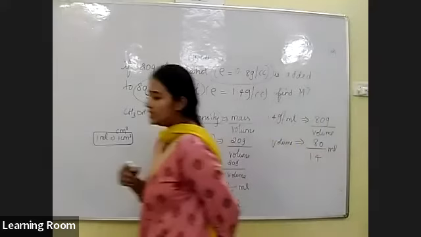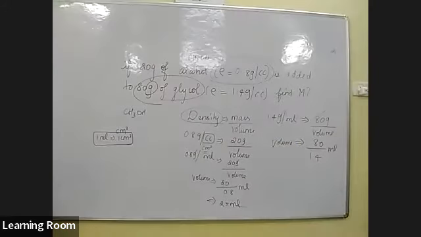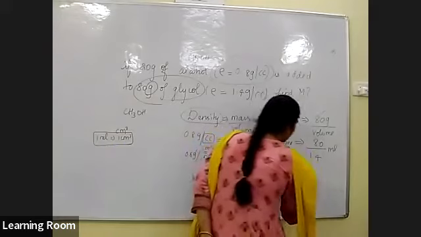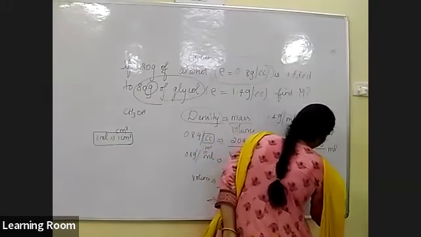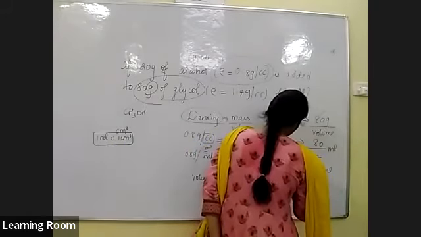What is the calculation for this? 80 divided by 1.4 is 57.1. So this is 57.1, correct?